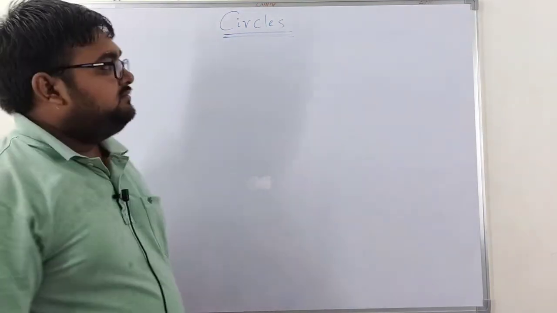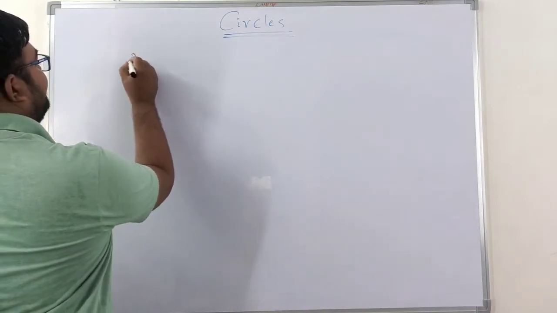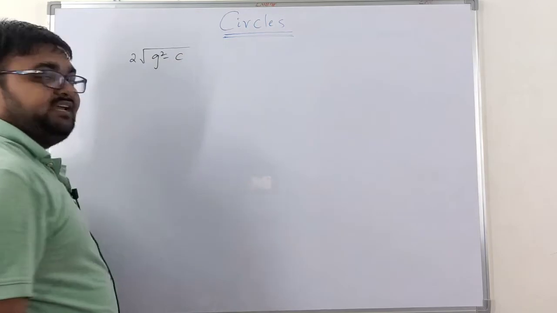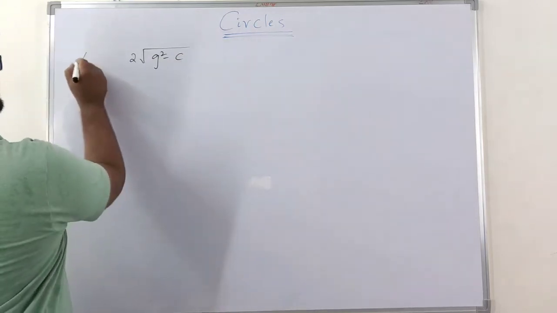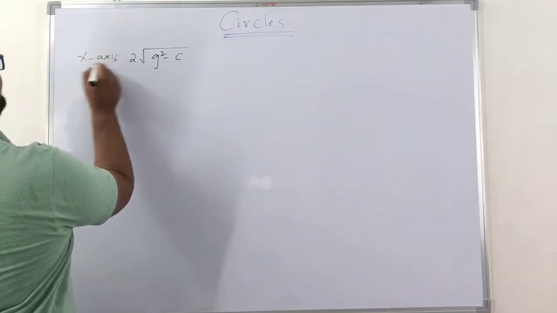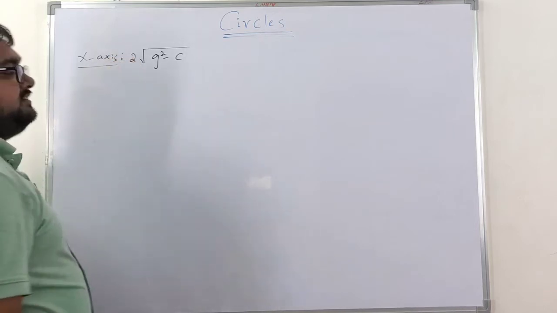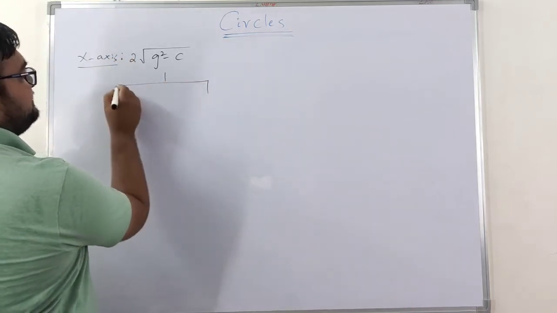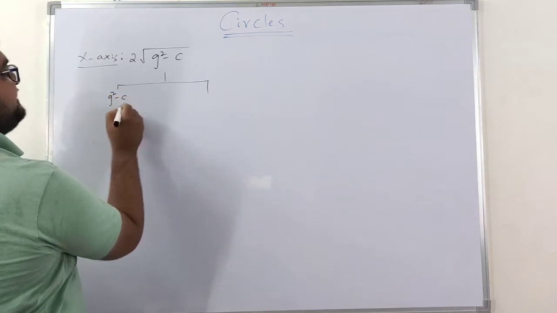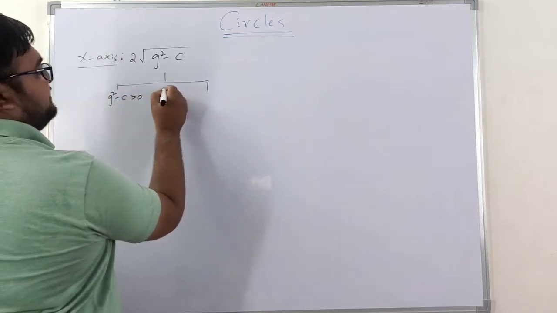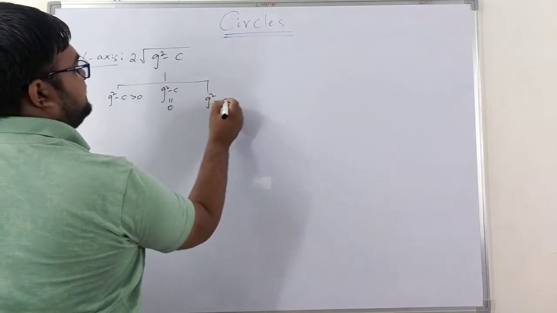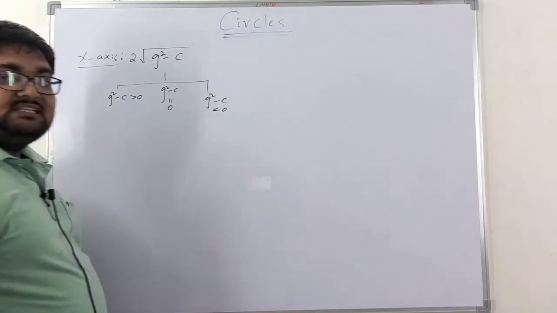Once again, the formula is 2 into square root of g square minus c, the intercept made with the x axis. Now here we have 3 cases: g square minus c greater than 0, g square minus c equal to 0, and g square minus c less than 0.